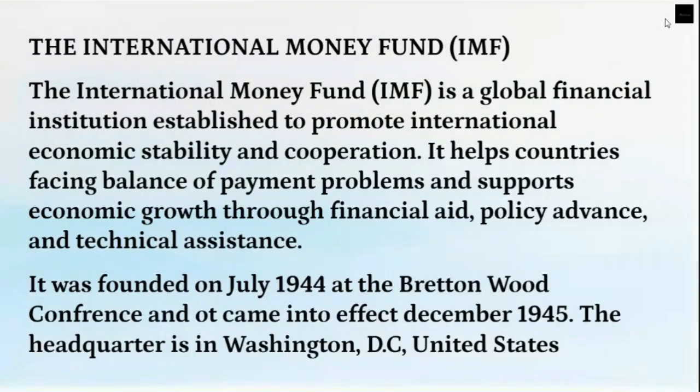So the International Monetary Fund is a global financial institution established to promote international economic stability and cooperation. That's their purpose. It helps countries facing balance of payments problems and supports economic growth through financial aid, policy advice, and technical assistance.